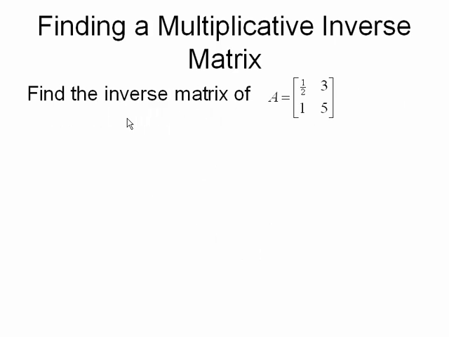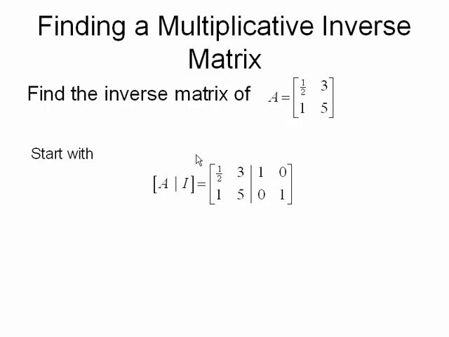So I'm going to start out by finding the inverse matrix of A equals, in the first row, 1/2, 3, and in the second row, 1 and 5. So the first thing I do is I take the matrix A and the corresponding matrix I. So if A is a 2 by 2, I is also the 2 by 2 identity matrix, and I put them into a bigger matrix next to each other.